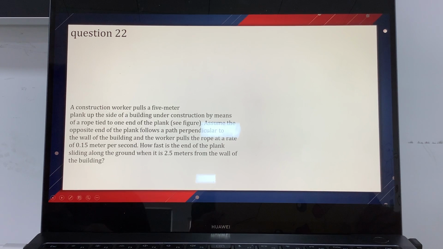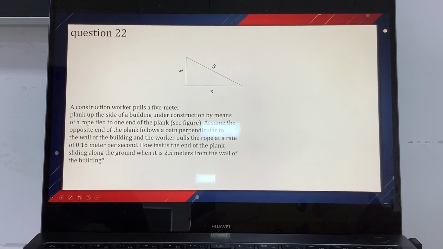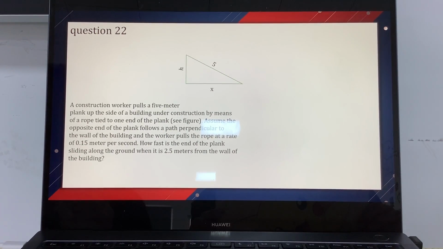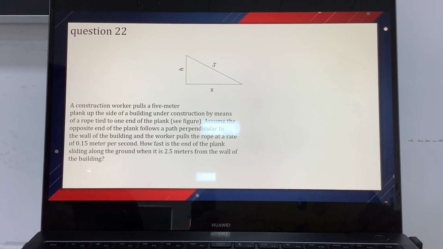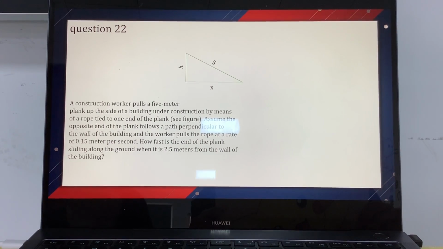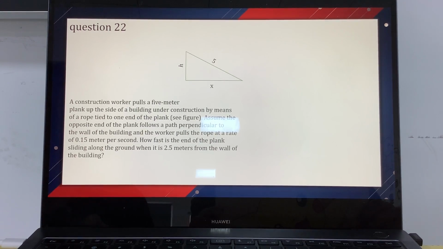Question 22. A construction worker pulls a 5-meter plank up the side of a building under construction by means of a rope tied to one end of the plank. Assume the opposite end of the plank follows a path perpendicular to the wall of the building as workers pull the rope at a rate of 0.15 meter per second.